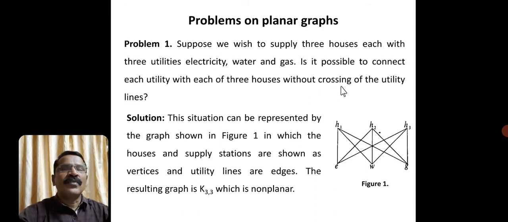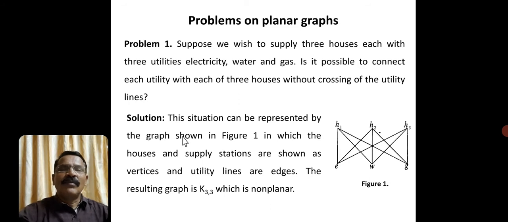Is it possible to connect each utility with each of the three houses without crossing of the utility lines? This is the question. Now, is it possible to join in that way? We will solve this problem with the help of graph theory.